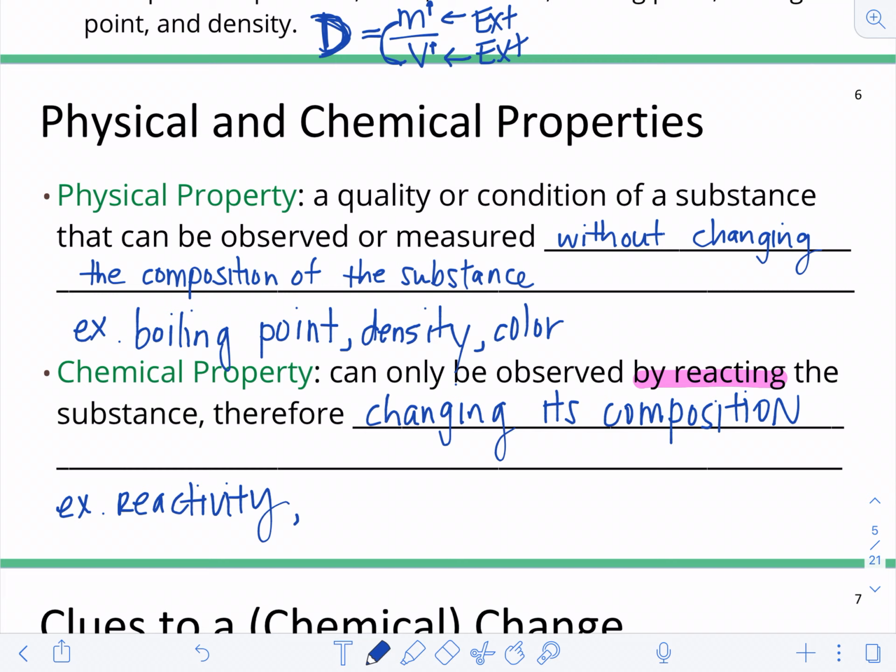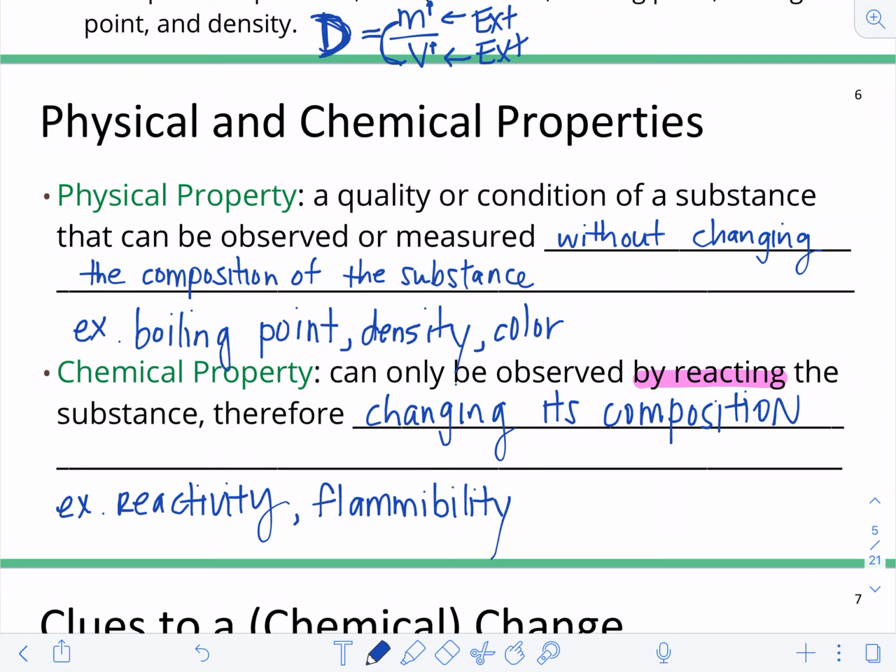Another example of a chemical property could be the flammability of something. After I figure out that a substance is flammable, I definitely don't have the same material anymore, right? So flammability. Those two are examples of chemical properties.